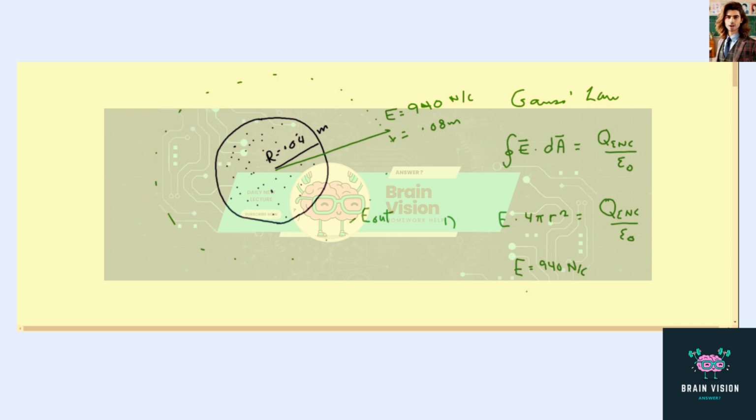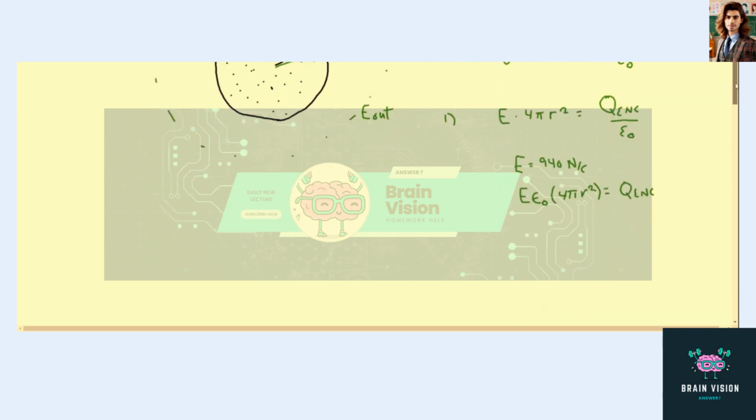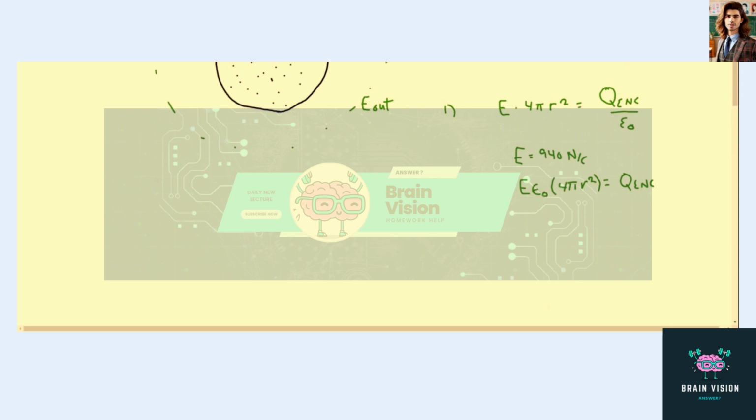We also know that the electric field times epsilon naught times 4 pi r squared is equal to the enclosed charge. So let's go ahead and find that enclosed charge, and then we can turn it into a charge density by finding the volume of the sphere.